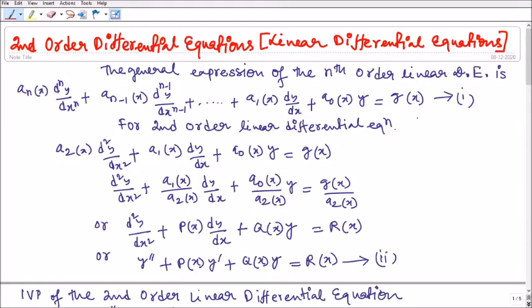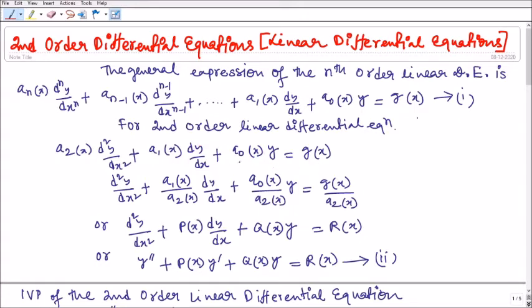Now from this general expression of the nth order differential equation, we can obtain the expression for a second order linear differential equation. So for a second order linear differential equation, the expression would be a2 d2y/dx2 plus a1 dy/dx plus a0 y equal to g(x).